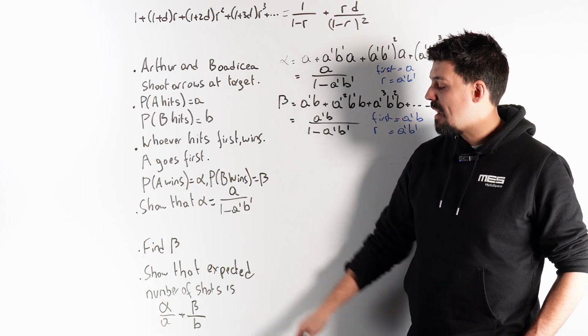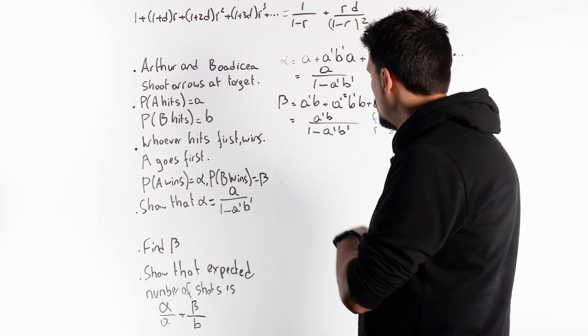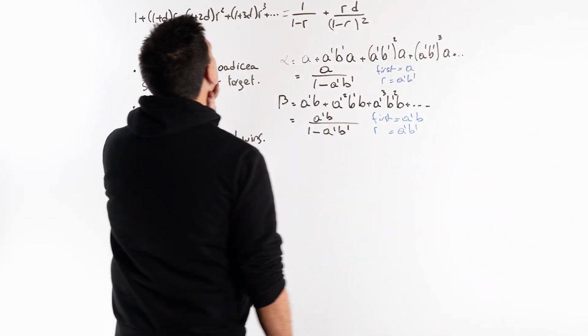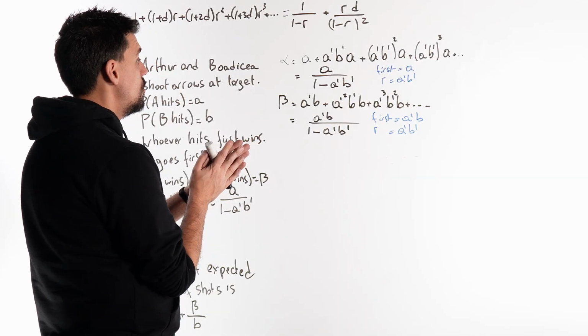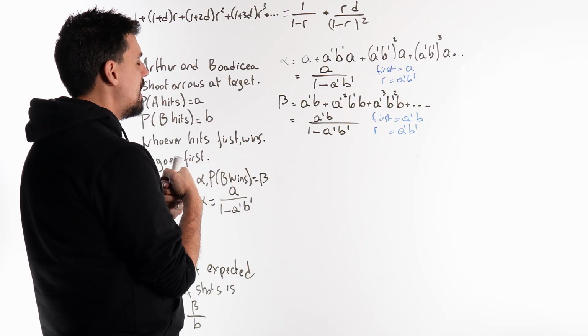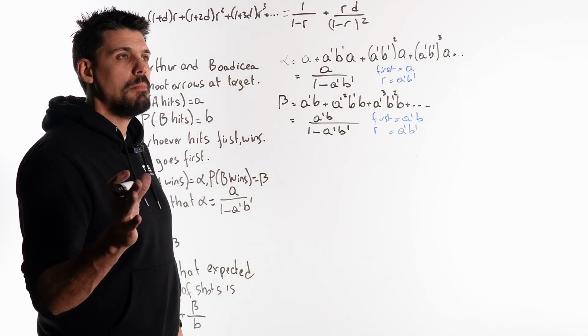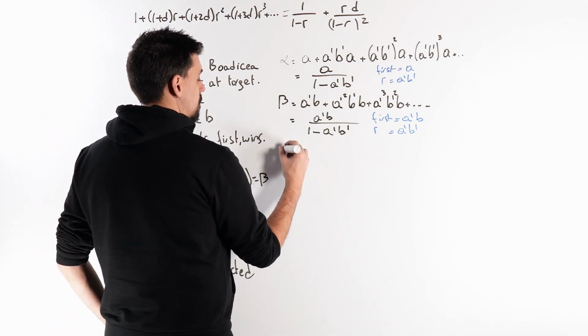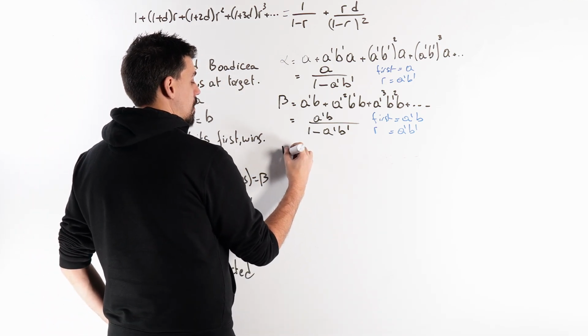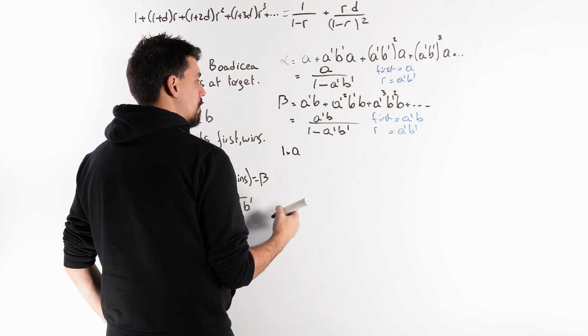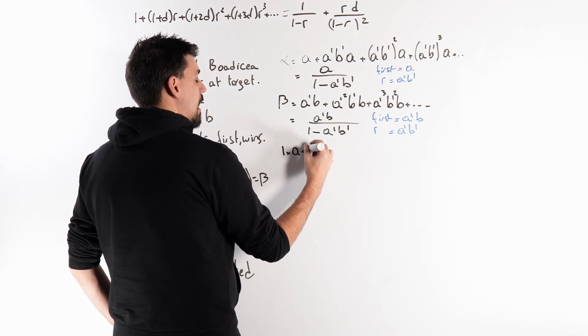Now we need to find the expected number of shots. Right. So, expected number of shots. What could happen? Well, how does the game end in 1 shot? If A hits the first shot. How does it end in 2 shots?